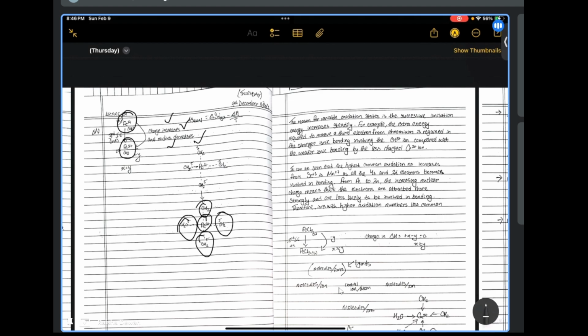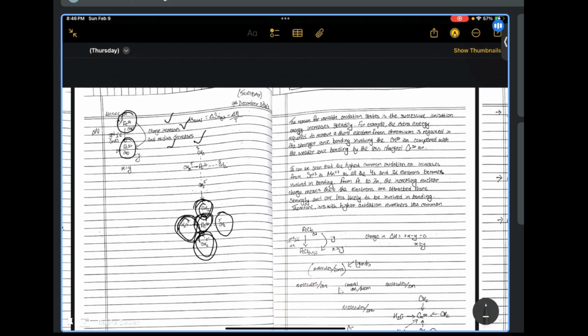Clear? This energy will be regained, the energy that you have provided while removing that electron. When it makes ionic bonding with water, at that time the energies will be regained. So that's why they have a variable oxidation state.